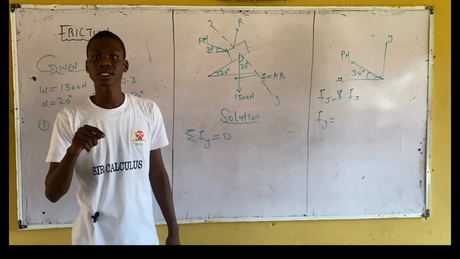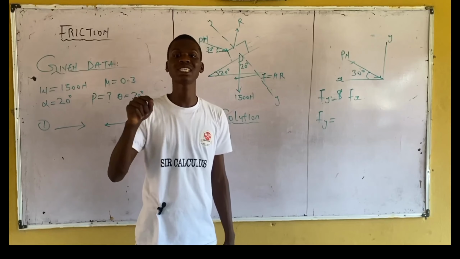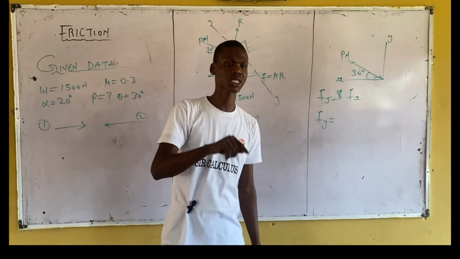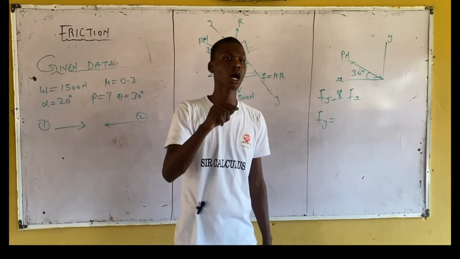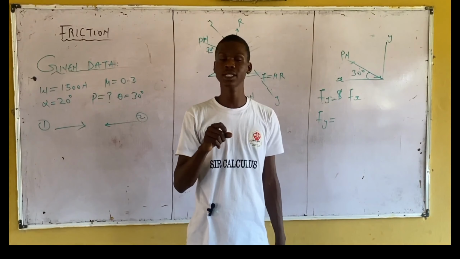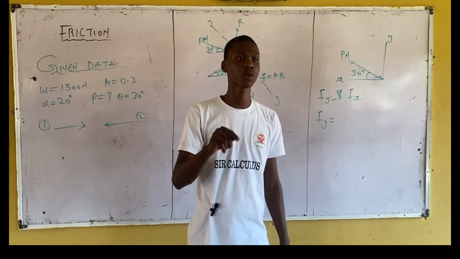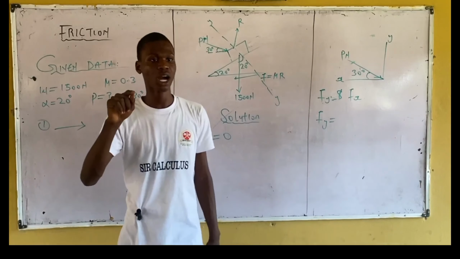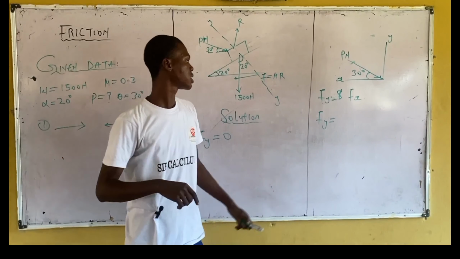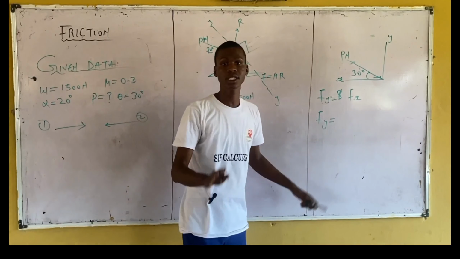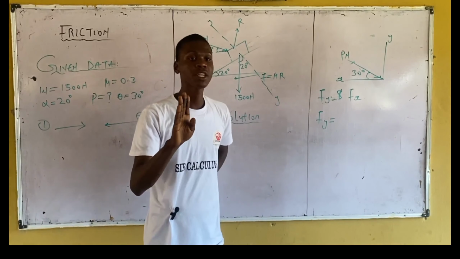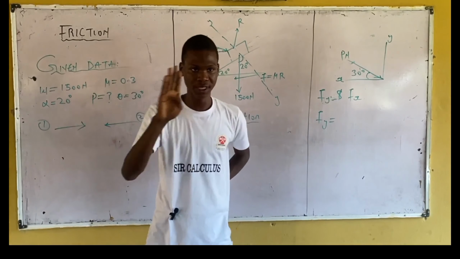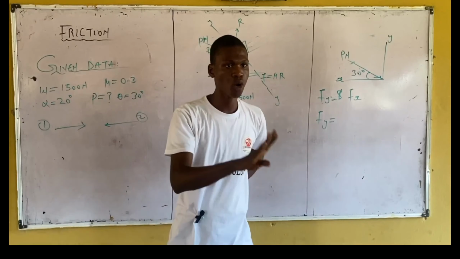X axis. Since your angle is inclined to the horizontal, it means horizontal will take cos. Are you getting it? Horizontal becomes cos, while vertical becomes sine. One will be cos, one will be sine.